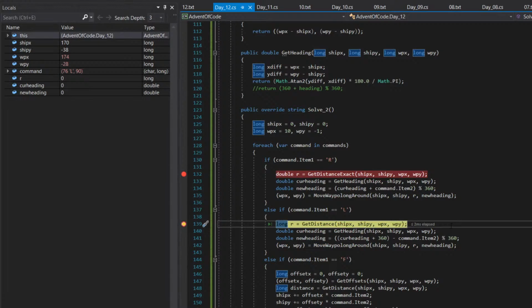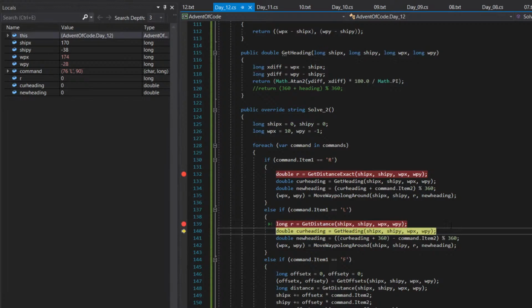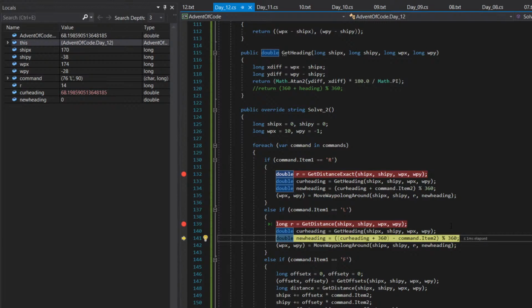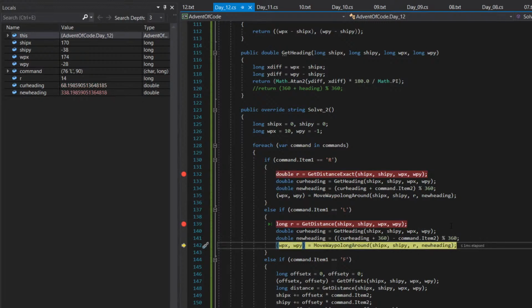(174, negative 28). Left 90 degrees. Left 90 degrees, 338.